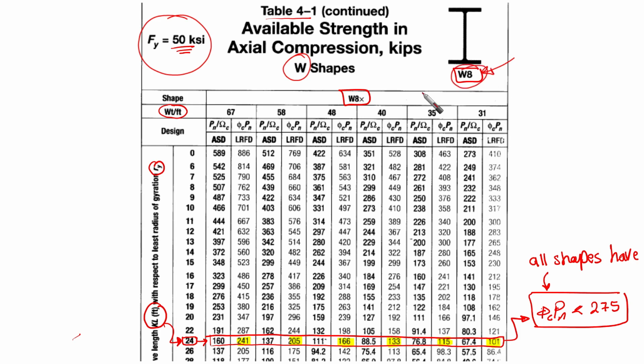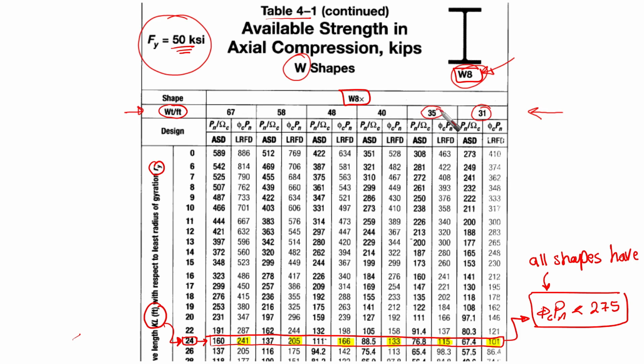Then we are going to check, as we said, the lightest one. Here it is the weight per unit length. So we are going from right to left in the table. Open the table. Now we are going to find that it is 31 here on the most right.